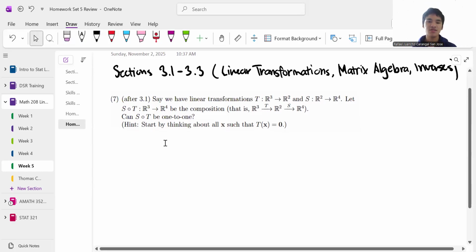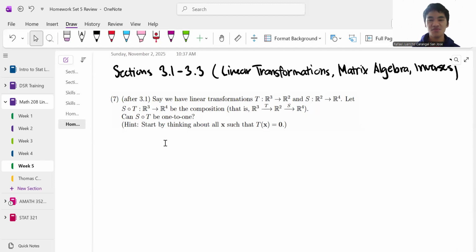Now the question, can S of T be one-to-one? Now what does it mean for a linear transformation to be one-to-one again? To be one-to-one, we have a couple of things that we can consider, right?